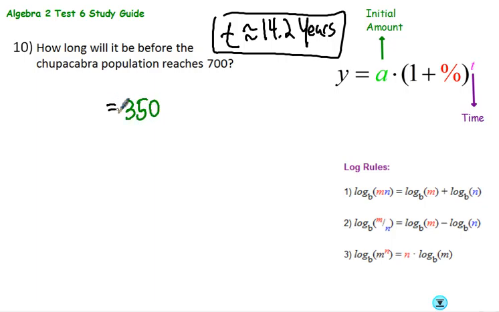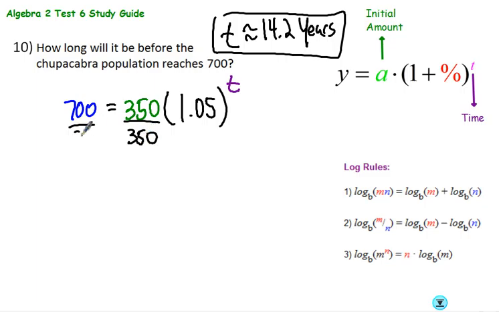So 700 equals 350 times 1.05 to the t, where t is time. And the first thing you've got to do is get rid of the number out front. So we would divide by 350, which gives 2. So we get 2 equals 1.05 to the t.